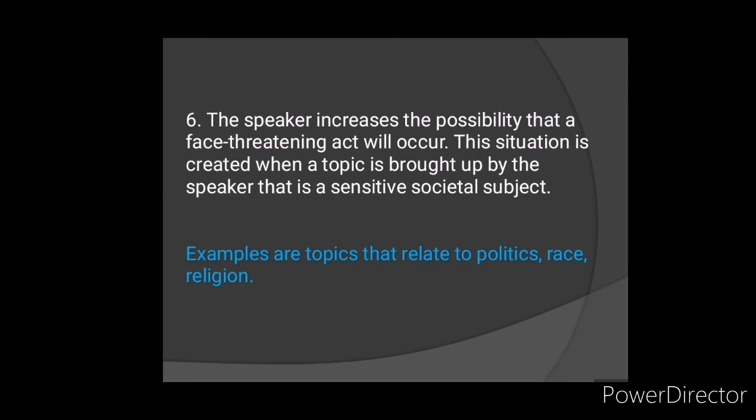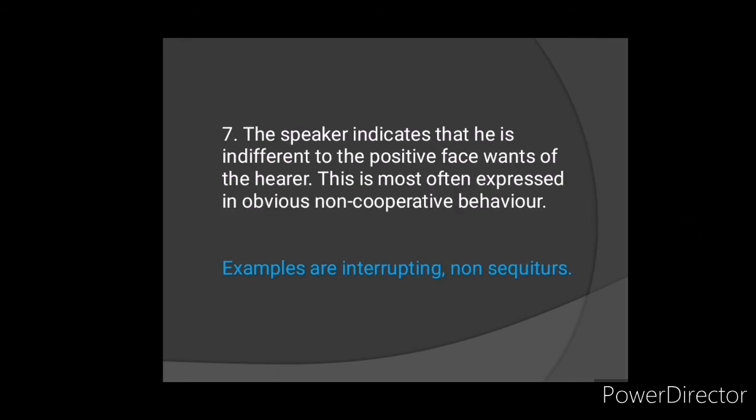Number 6. The speaker increases the possibility that a face-threatening act will occur. This situation is created when a topic is brought up by the speaker that is a sensitive societal subject. Examples are topics that relate to politics, race, and religion. Number 7. The speaker indicates that he is indifferent to the positive face wants of the hearer. This is most often expressed in obvious non-cooperative behavior.